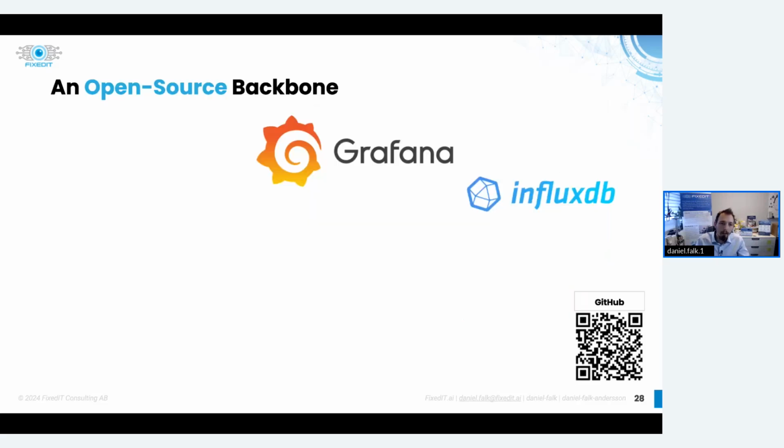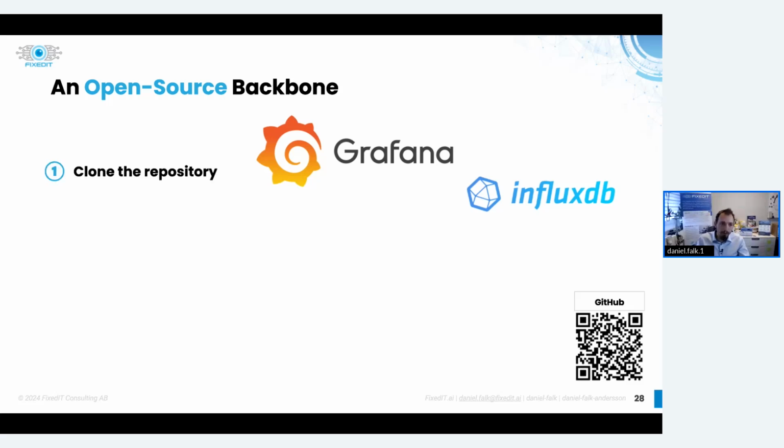And the whole backbone for this is open source. We use Grafana as the visualization tool. It's a very, very common open source project for creating dashboards. We use InfluxDB as a database. It's a time series database, also open source. And finally, we have open sourced the dashboards that we have created, which you can find in our Git repository by scanning the QR code.